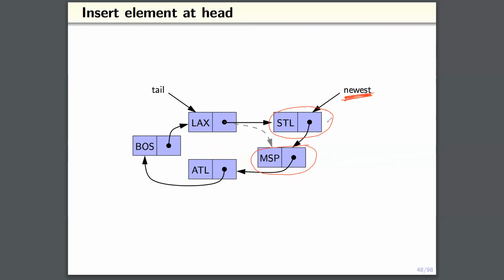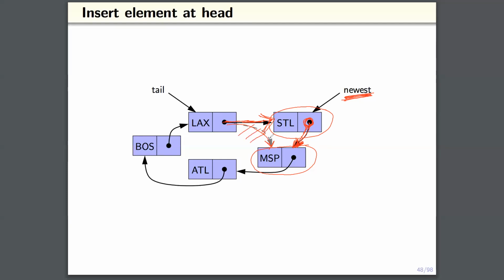So what do you do? Look at the idea here. The next pointer of the new node will point to the head node. The next pointer of the tail node will point to the new node. That's it. So initially it was like this.